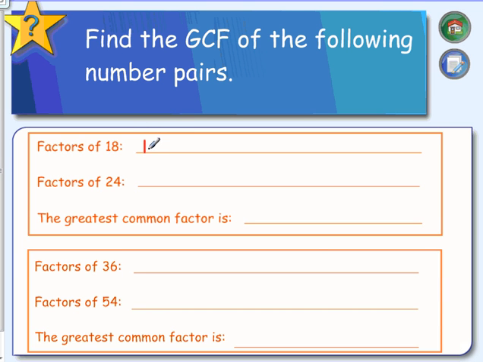We could do 1, 2, 3, 6, 9, and 18. Factors of 24, we have 1, 2, 3, 4, 6, 8, 12, and 24.